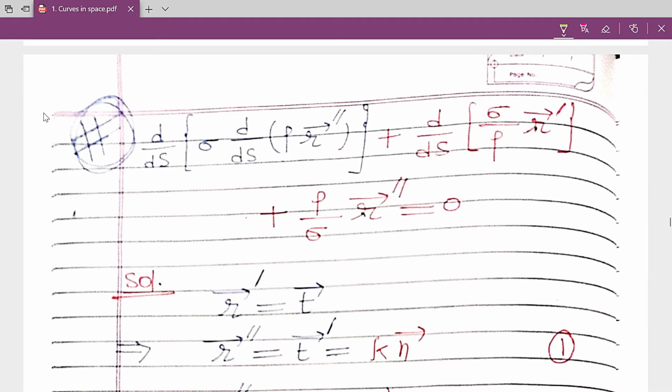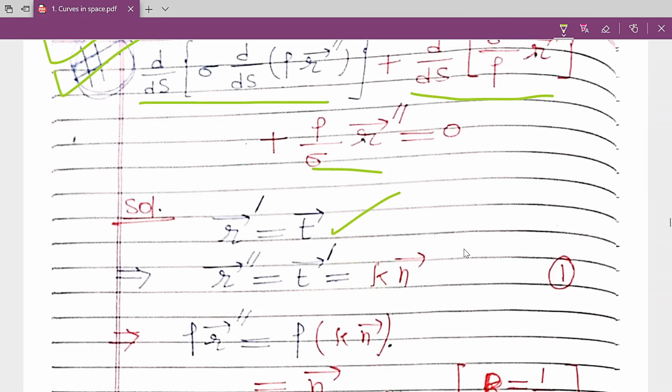Now, again, it is important for university examination. So, in order to solve this kind of differential equation, clear? So, this is a differential equation. Our purpose is to solve this. Clear? Now, this is from the r dash, which is equal to t vector. Again, differentiate t dash, which is kappa n.